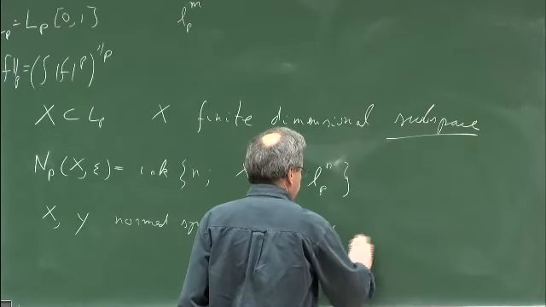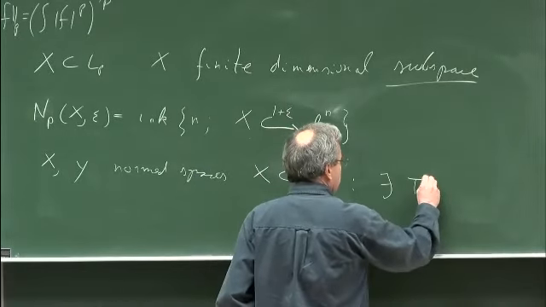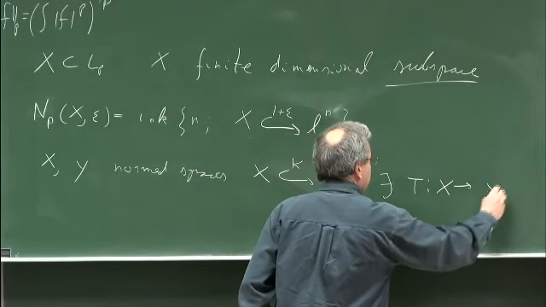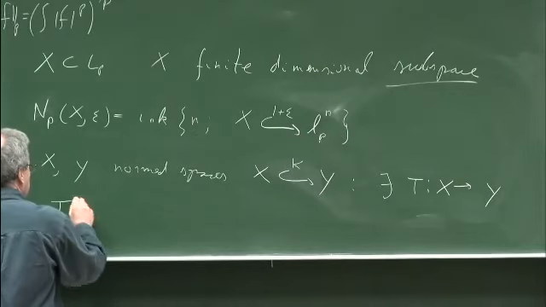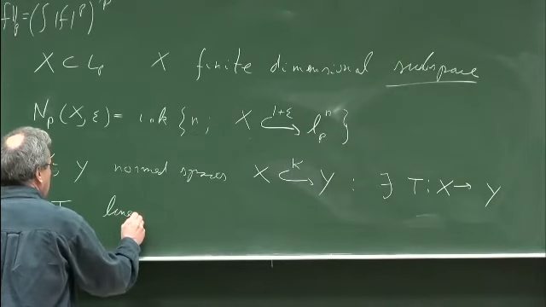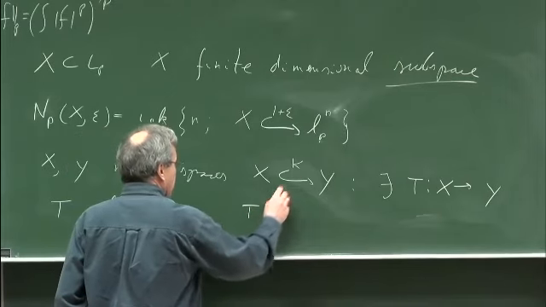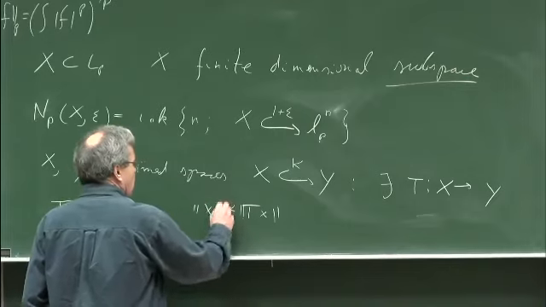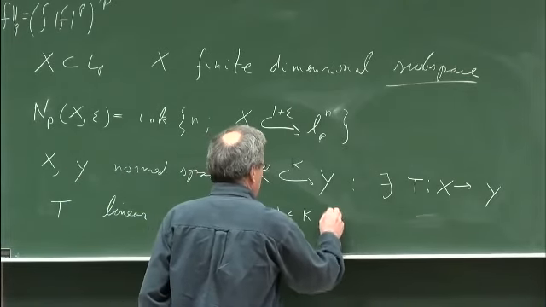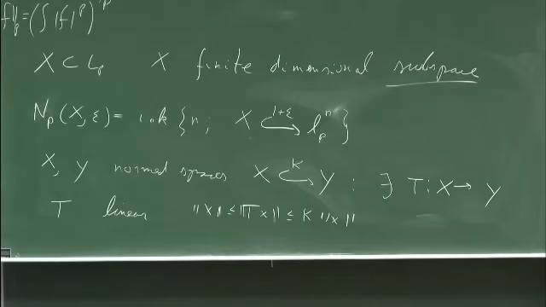By definition, this is the same as there exists a linear operator T from x to y, such that the norm of... T is linear, I emphasize this, because it's a K-isomorphism, namely you can always choose it like that. Everything is homogeneous, so you can always put the K on one side. This means that x K-embeds in y.